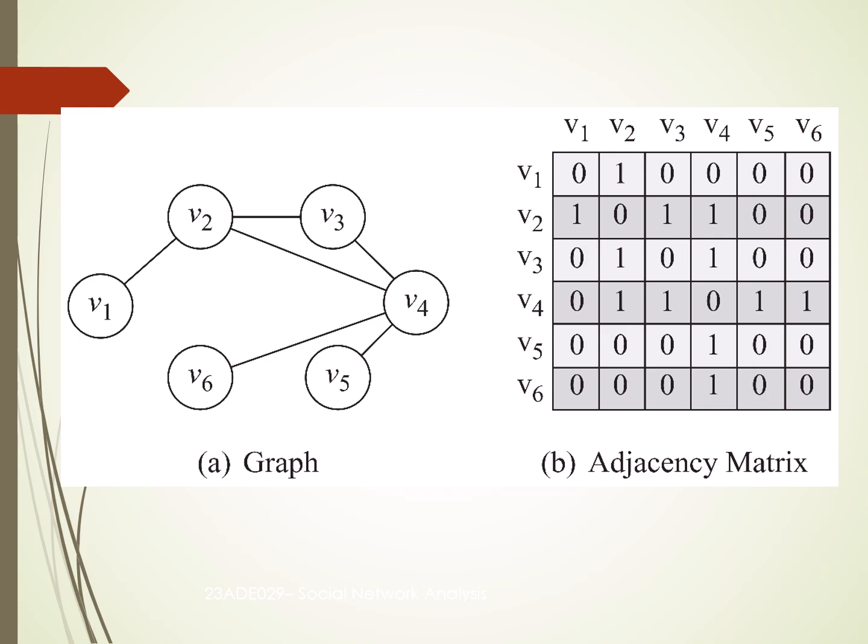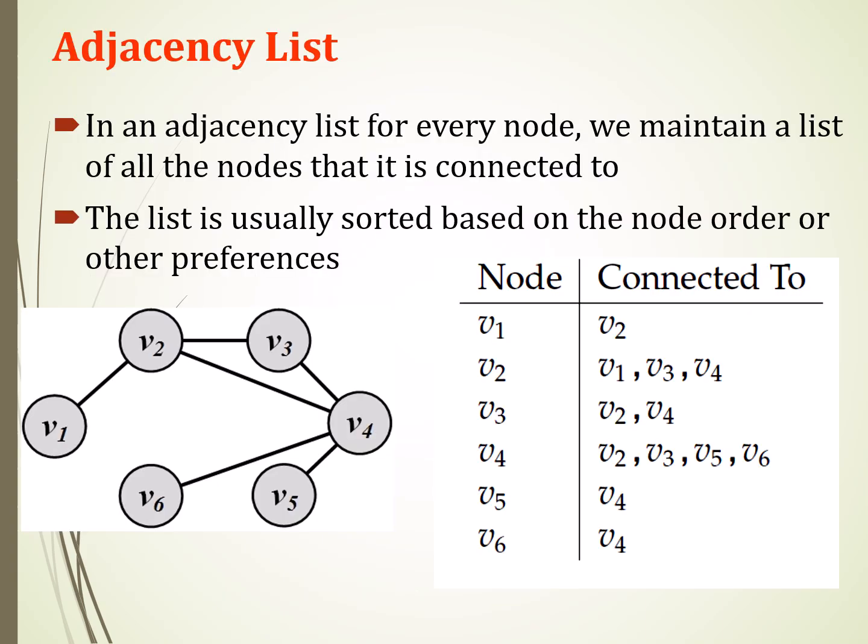Likewise, if there is an edge it is represented by 1, and if there is no edge, it is represented by 0. The diagonal represents self loops, meaning a node is connected to itself. In social networks, people don't become friends with themselves. So diagonal values are usually 0.